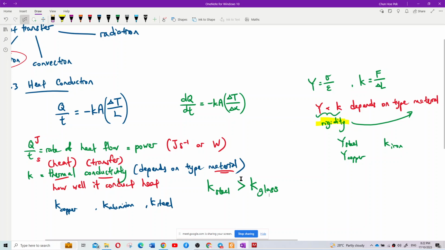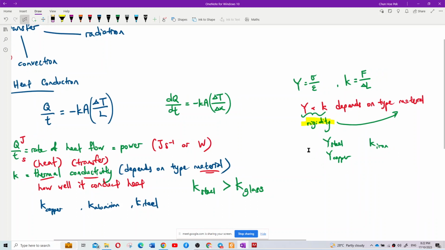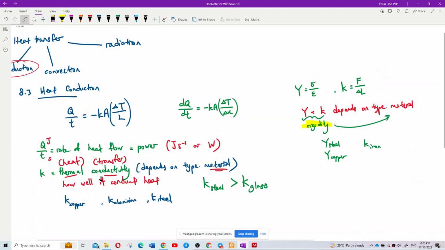So it all depends on K. Class, don't mix up. The K over here is called thermal conductivity, but K over here is called force constant. They use the same symbol but with different meaning. K is used in many topics, but with different meanings. Don't get confused, class.